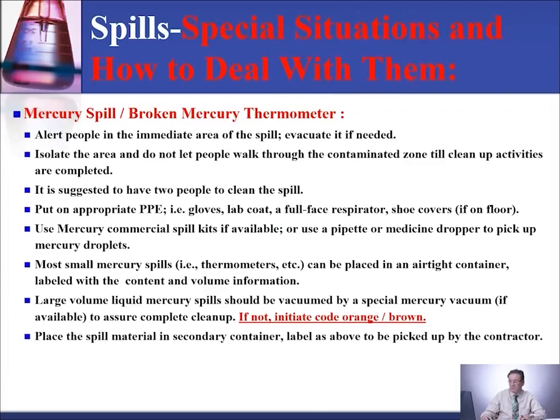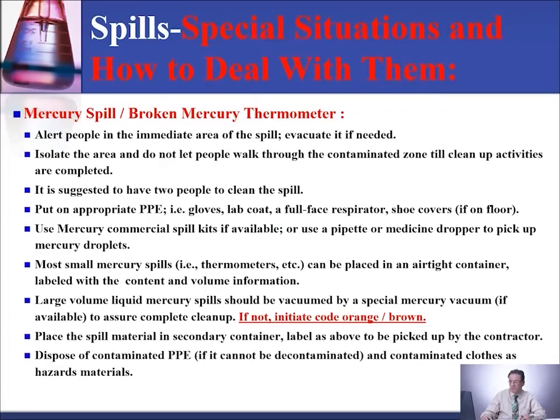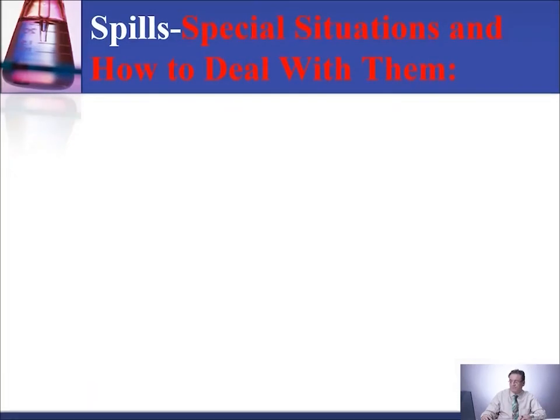Place the spill material in a secondary container labeled as above to be picked up by the contractor. Dispose of contaminated PPE and contaminated clothes as hazardous material. Again, report the incident to your supervisor, safety officer, and quality department via EOVR.